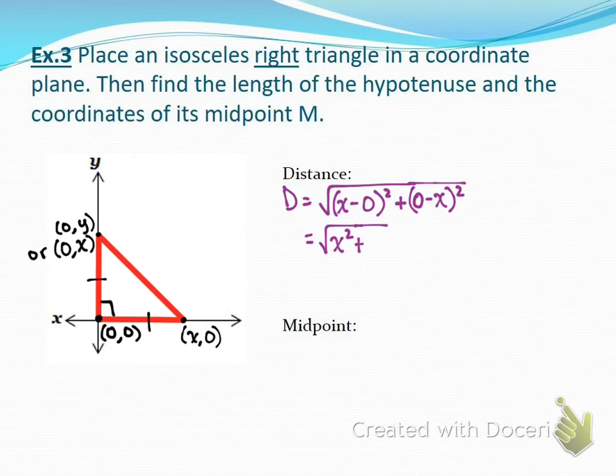X squared, positive x squared. If you take x squared plus x squared, what do you get? 2x squared is what I'm looking for. If you add like terms, you don't change their exponents. We only change exponents when we multiply or when we divide or when we take a power to a power. But if you're just combining like terms, you don't change that exponent.